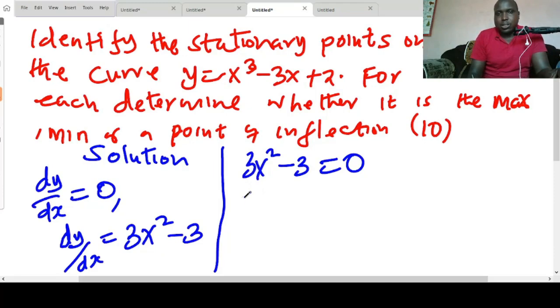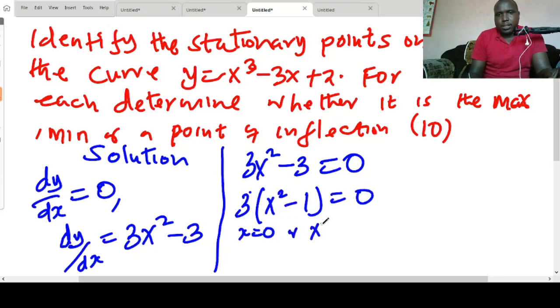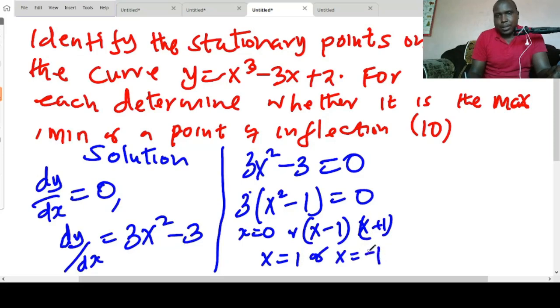So 3 is common, so 3 into x squared minus 1 is equal to 0. Because it's a difference of 2 squares, x minus 1, x plus 1. So you can see here, x is equal to 1, or x is equal to negative 1.